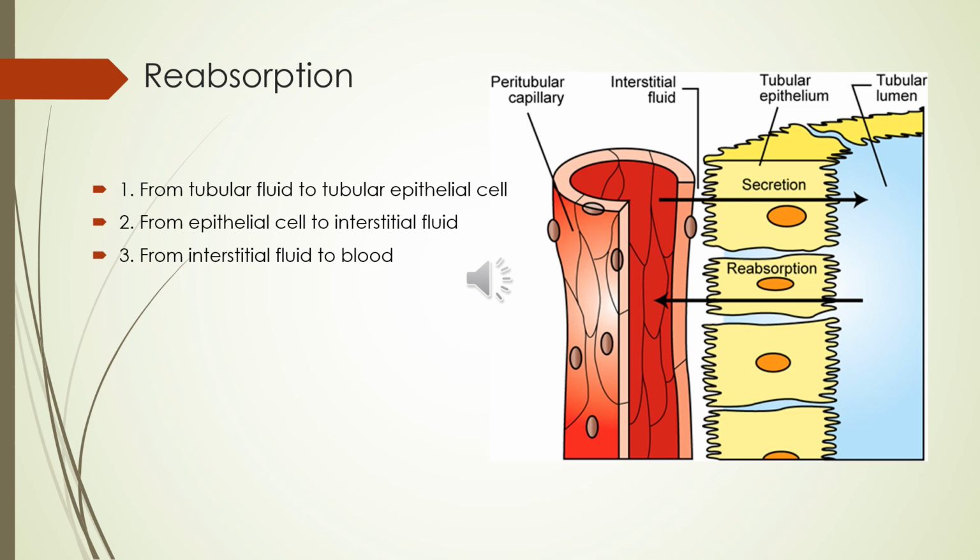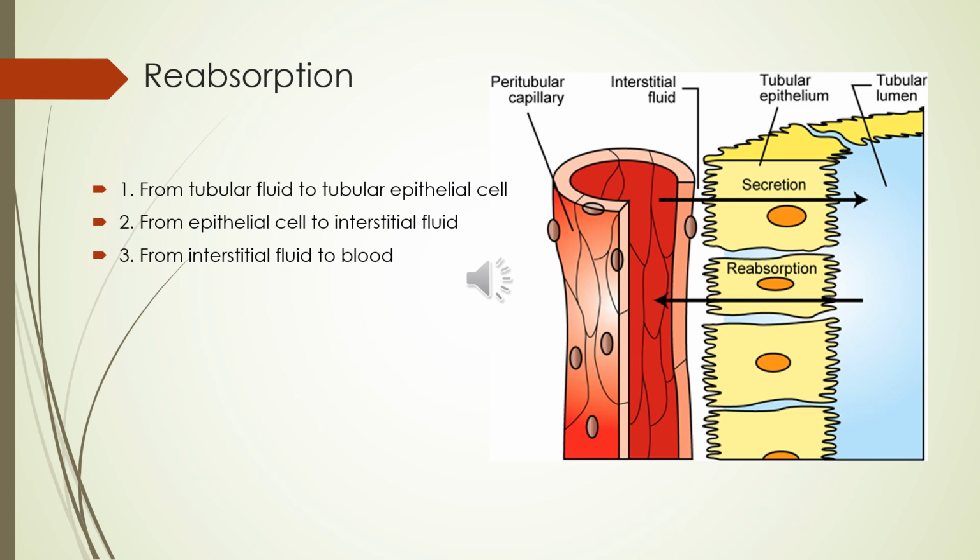You know that the tubular fluid is now present in the tubular lumen, and for any substance to be reabsorbed from the fluid, it should pass from the tubular lumen to the tubular epithelium, and from the epithelium on to the interstitial space, and from the interstitial fluid it enters the blood in the peritubular capillary.